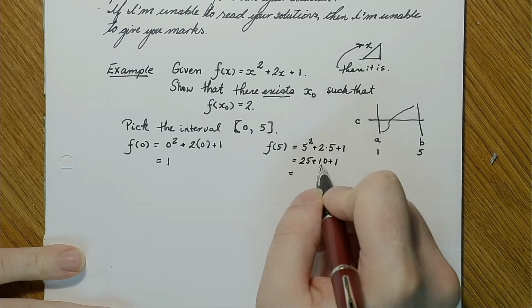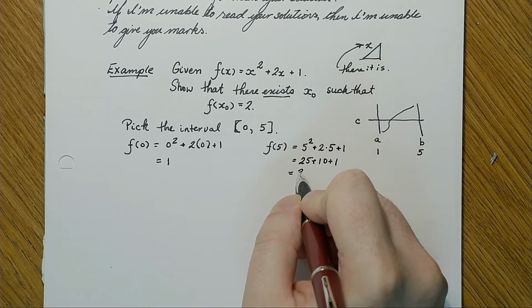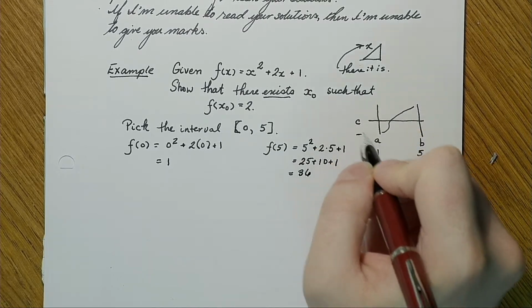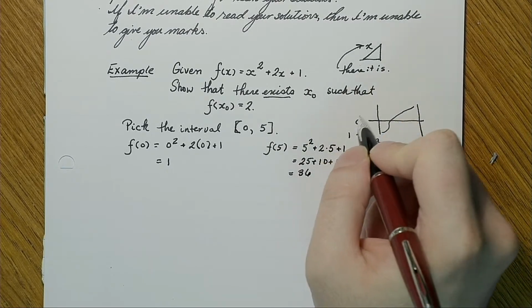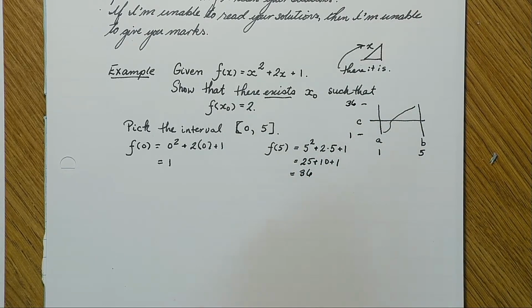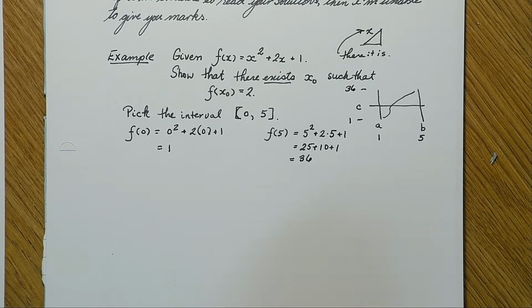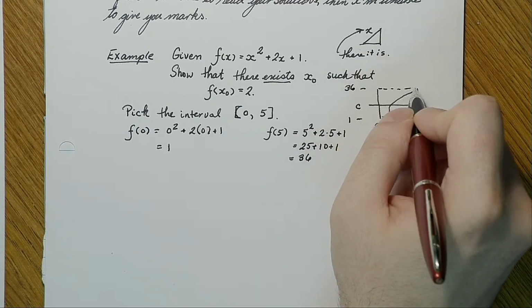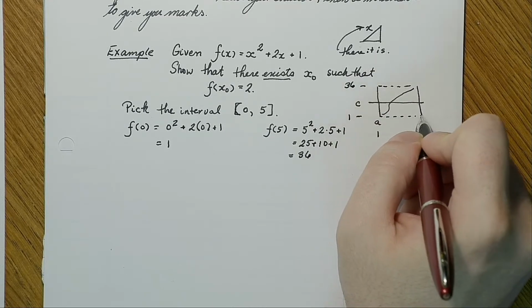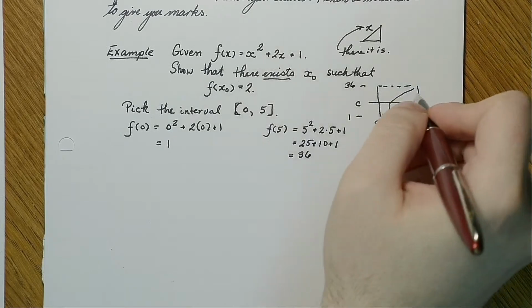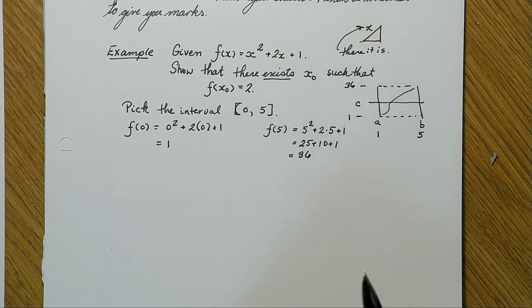So 35 plus 1 gives me 36. So here I have 1, and up to here I have 36. So I've kind of made my box now, that I've enclosed, and that this continuous function has to cross.